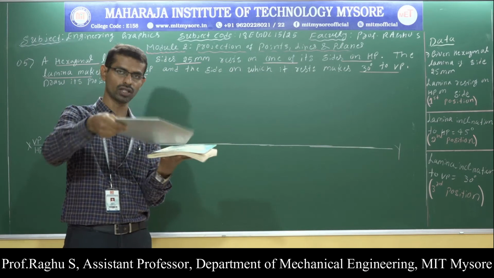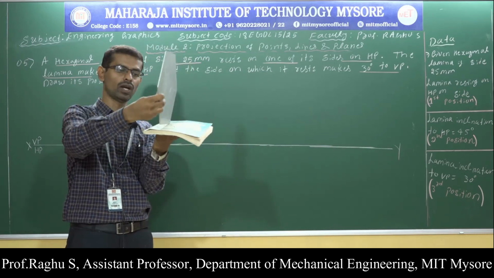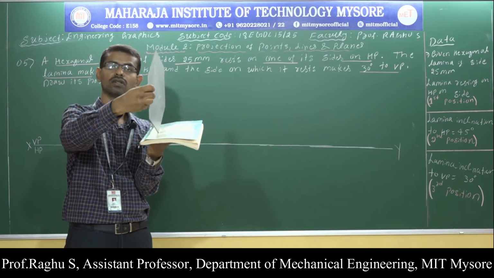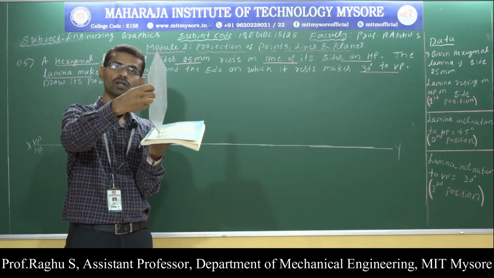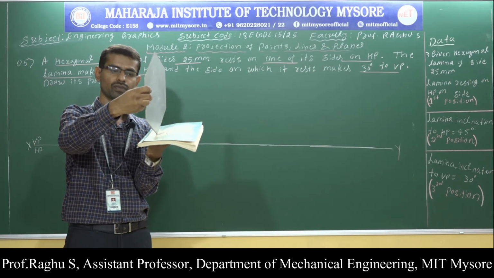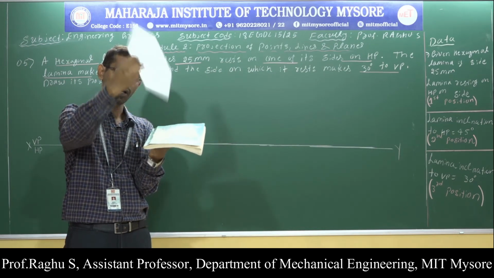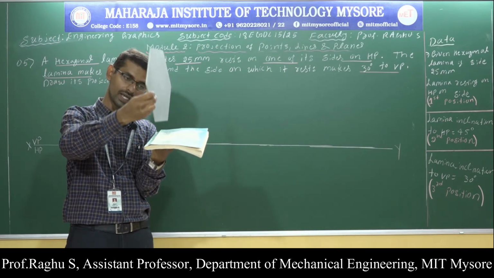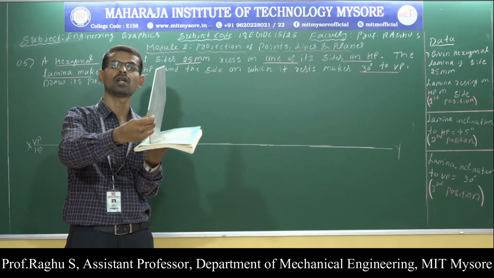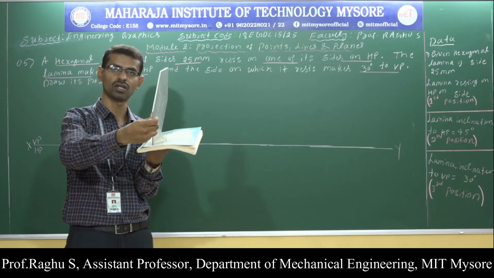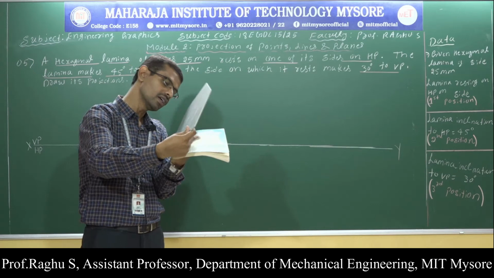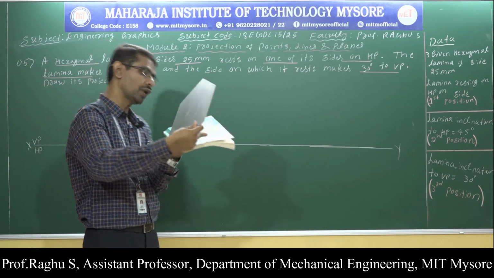Suppose if you place the lamina like this, it becomes corner condition. So resting on the horizontal plane with one of its sides means you should place the lamina like this, edge resting condition.